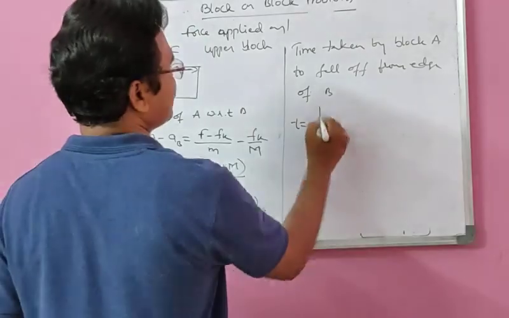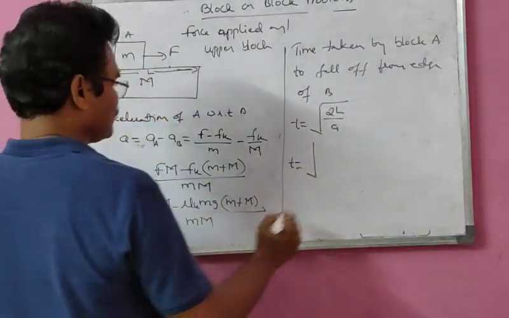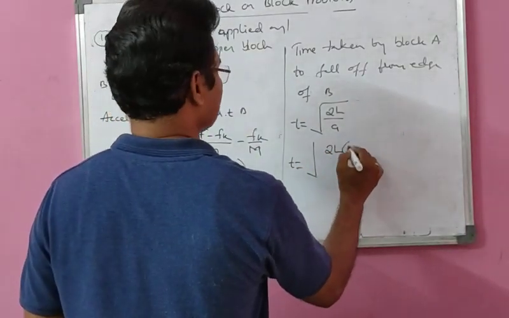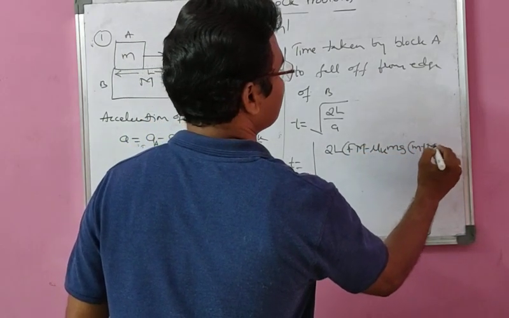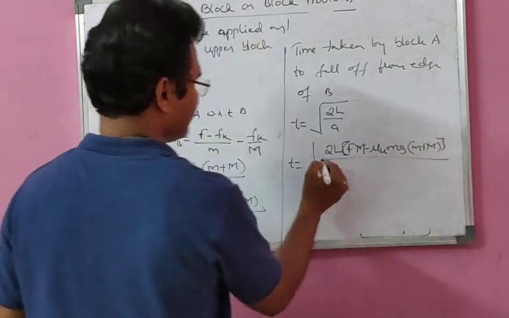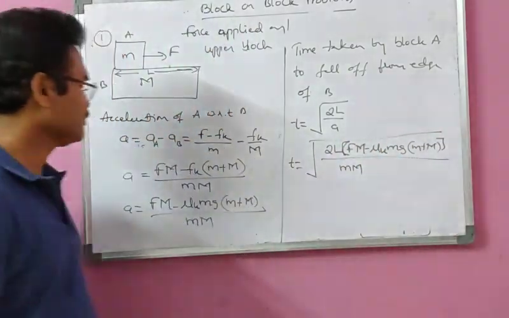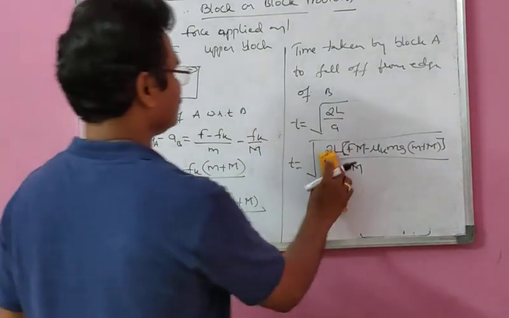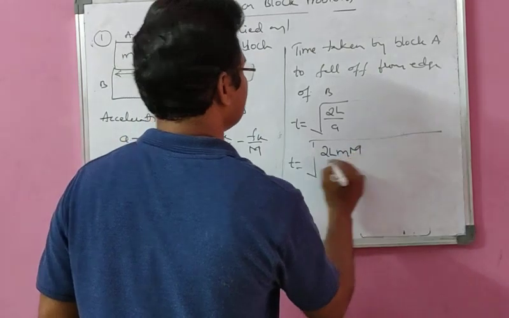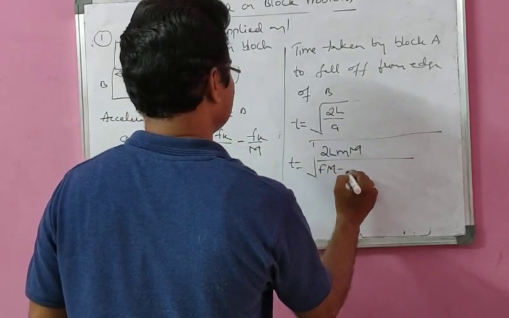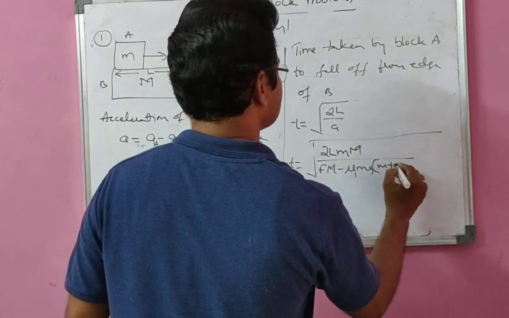You know the time T equal to the square root of 2L by a, and this becomes 2L of F minus mu k mg of M plus M, divided by M. So 2L M divided by F minus mu mg of M plus M, sorry.